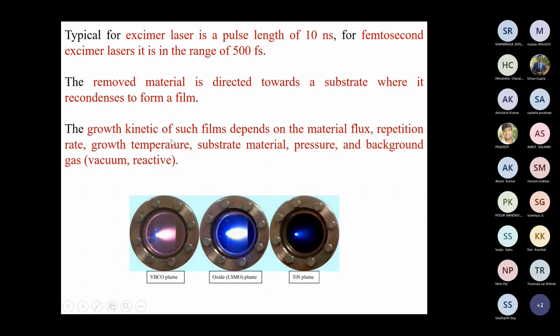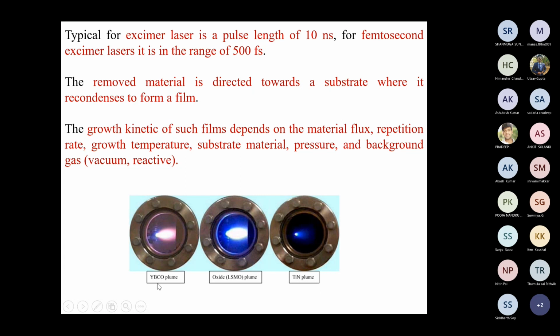The growth kinetics of such a film depends on the material flux, the repetition rate, growth temperature, substrate material, pressure, and the background gas, whether vacuum or reactive.